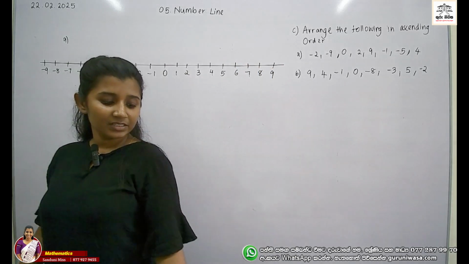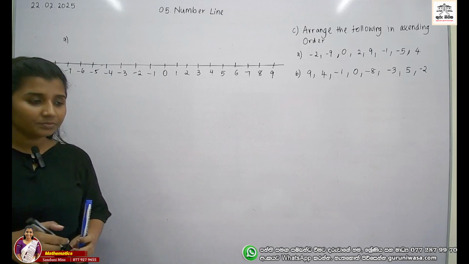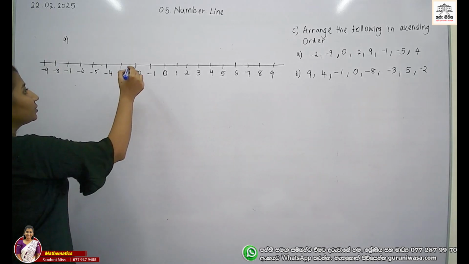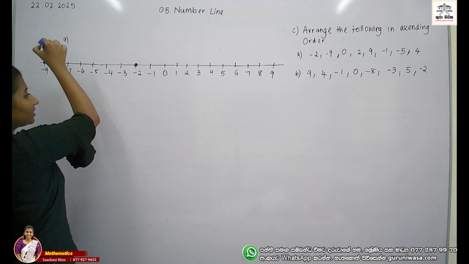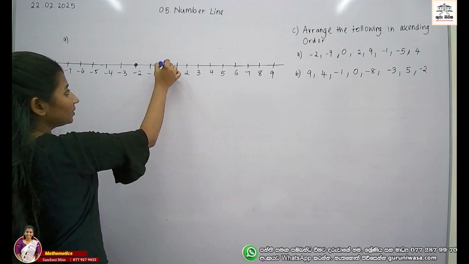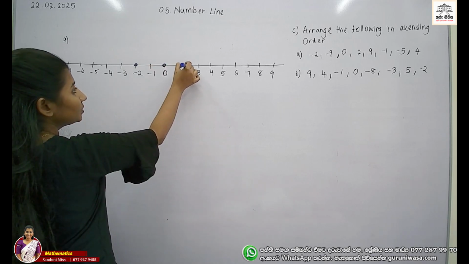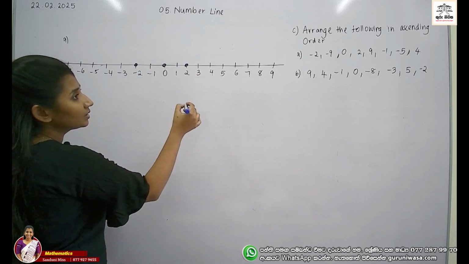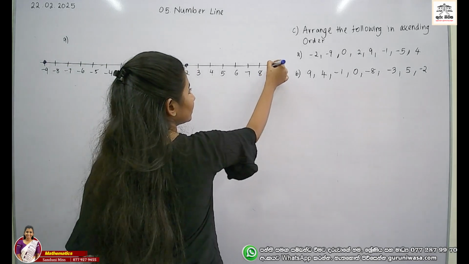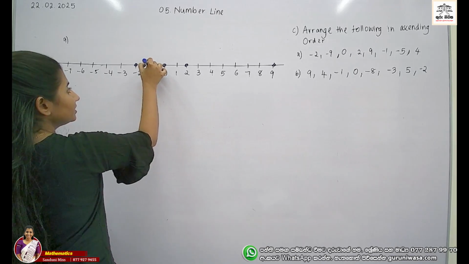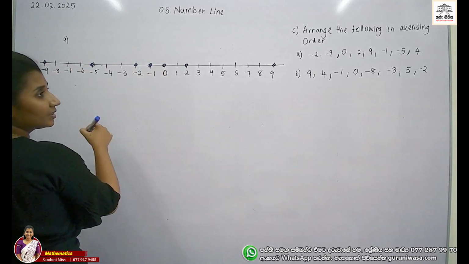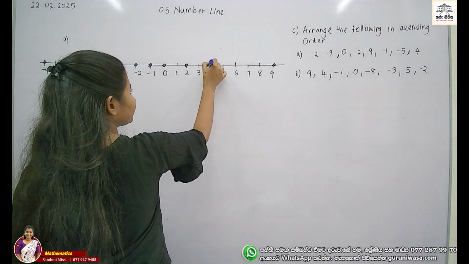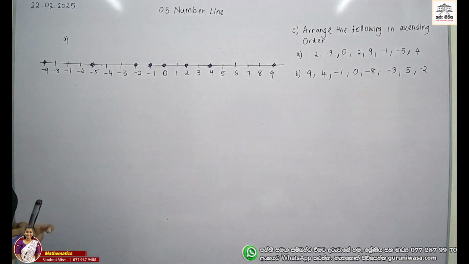Okay. So, we can mark the points now. We have negative 9, 5, and 4. Okay. Right.